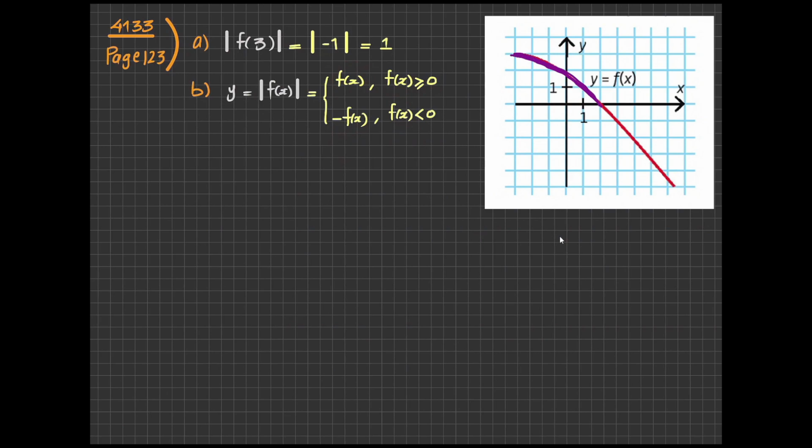But then this part that goes below the x-axis, I have to flip it as if the x-axis is a mirror. Yes, so I should do it like this. It's not a real line, yes. So this is a little bit crazy. I mean, you have to do it something like this. But the idea is that one. So you are supposed to sketch. You don't need to draw that. So this purple one is the graph of the function absolute value of f of x. Yes, is that clear?